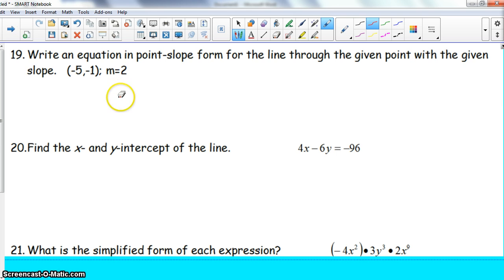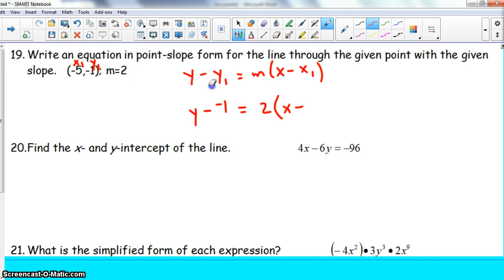Write an equation in point-slope form for the line. Well, point-slope form is y minus y sub 1 equals m times x minus x sub 1. And so what I have to do is label this x sub 1, y sub 1, because it's my first point. And I literally just plug it in. Y minus, well, y sub 1 is negative 1, equals m is 2, times x minus, x sub 1 is negative 5.